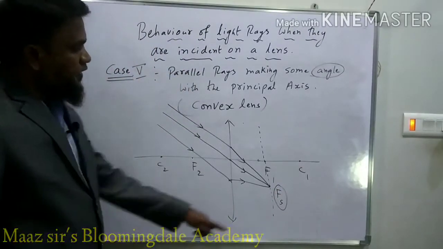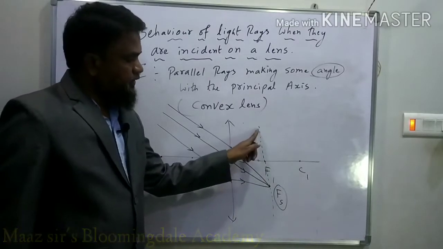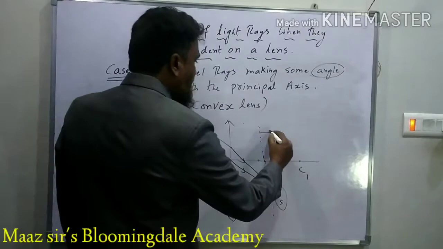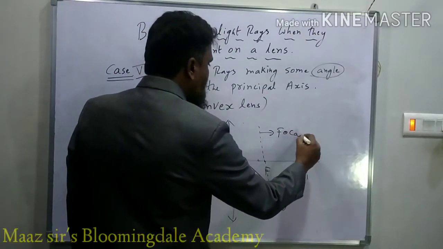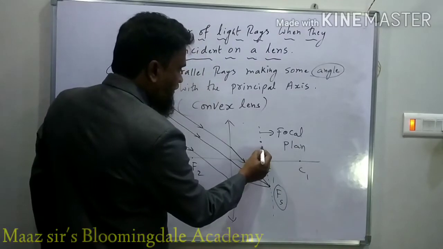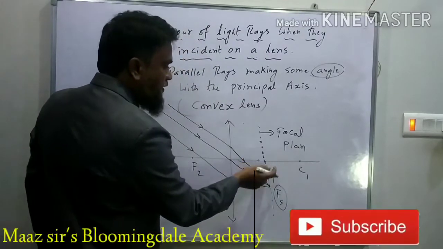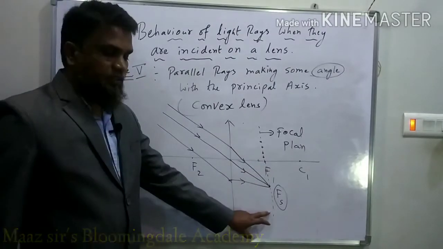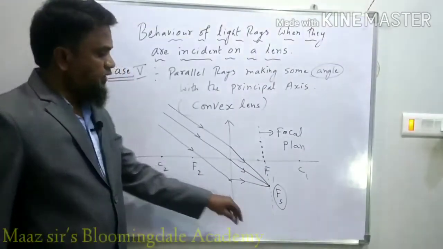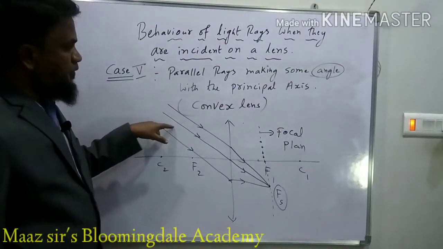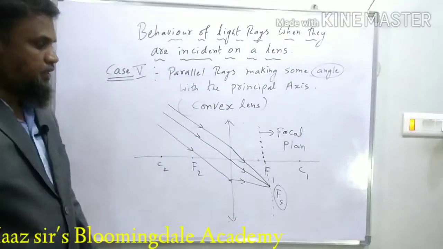Let us say this is Fs. So this line is known as the focal plane. You take any point here, it is nothing but an extension of the focus. Here also it is an extension of the focus. So this is the ray diagram for case 5 of the convex lens.